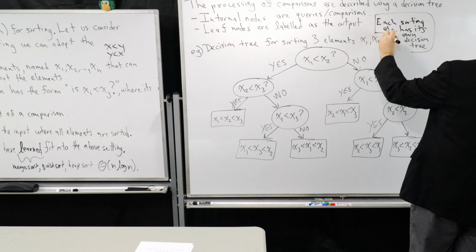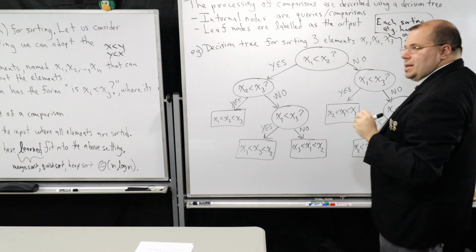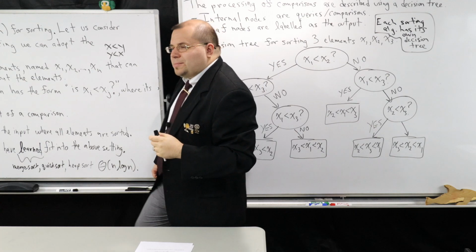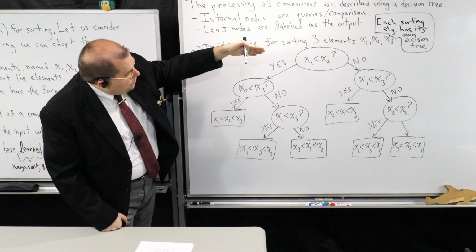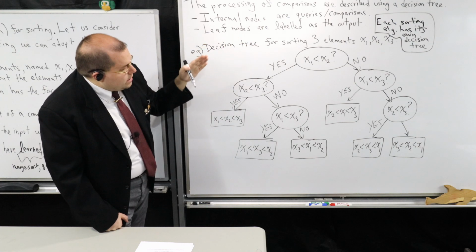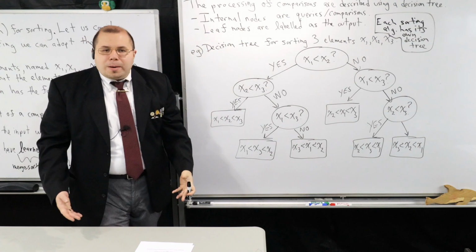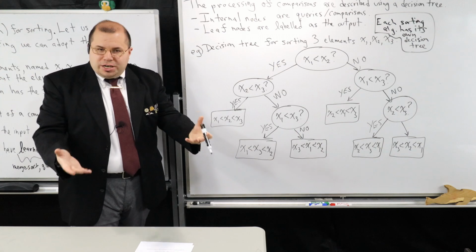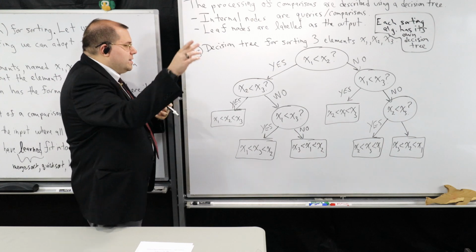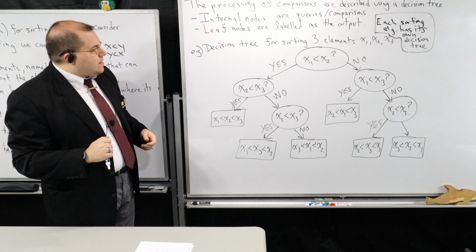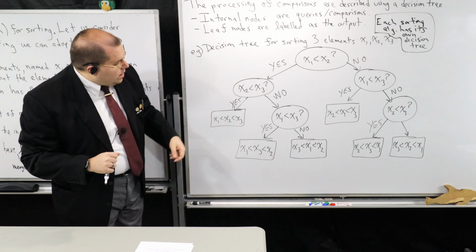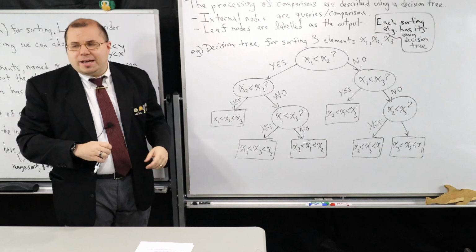Now, I have a question for you. I want you to think about this for one moment. I want you to look at where I'm directing from the root down to a leaf. What would be a representation of an execution of the algorithm that would correspond to this decision tree? So if I start up here at the root and I reach one of these leaf nodes, what does that represent?